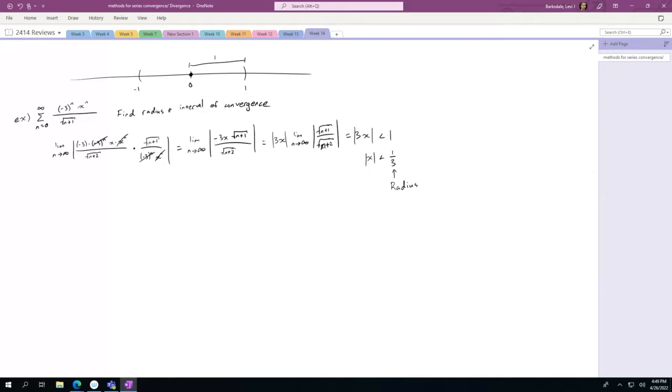We could multiply by 1 over the square root of n all across, and then this would become the square root of 1 plus 1 over n, over 1 plus 2 over n. But then both of these go to 0, and we're left with just 1, right? Yeah.